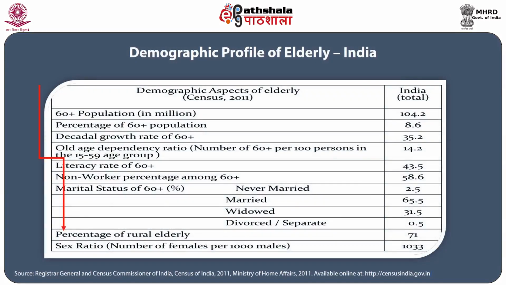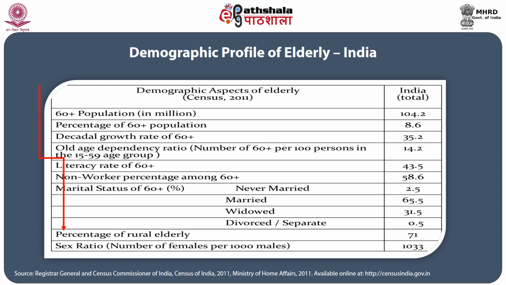Given the rural-urban differences, another dimension is what percent of elderly are living in rural areas. In a rural-dominated society like India, elderly are not an exception, and as many as 71% of our total elderly in India are based in rural areas.